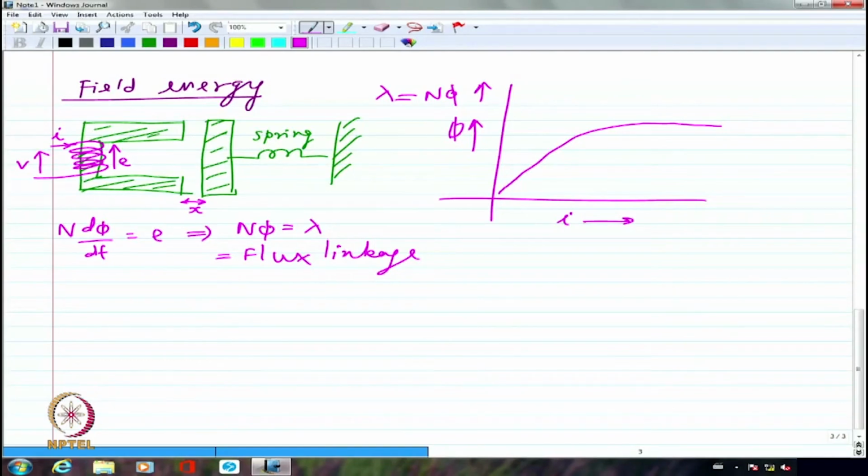If I am talking about x being larger and larger, if the distance is larger and larger, very clearly it is approximating itself to a larger and larger air gap, and the air gap reluctance will dominate over whatever is the reluctance of the iron path. So it will become more and more linear. If I have a larger air gap, I am going to have more and more linear characteristics.